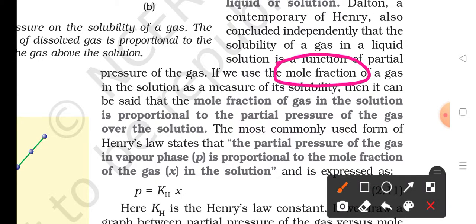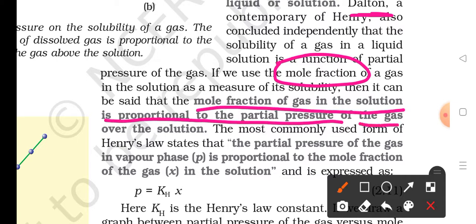We already learned it in the concentration part, when we learned how to measure concentration with the help of mole fraction and molarity. So Dalton gave the idea that the mole fraction of a gas in the solution is proportional to the partial pressure of the gas over the solution.